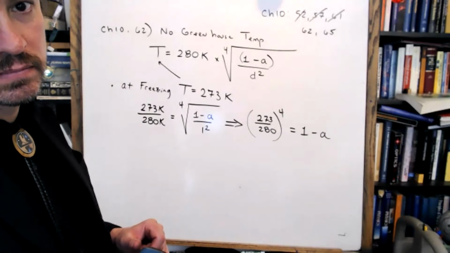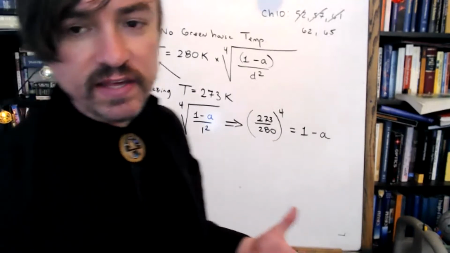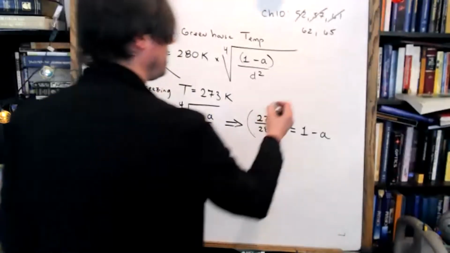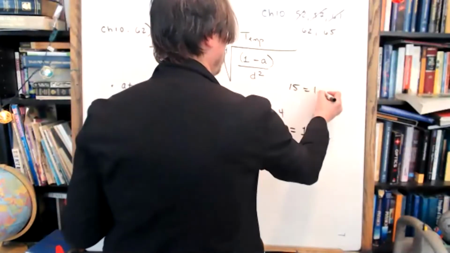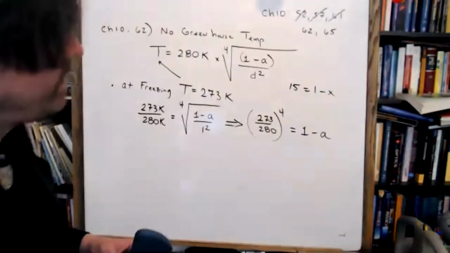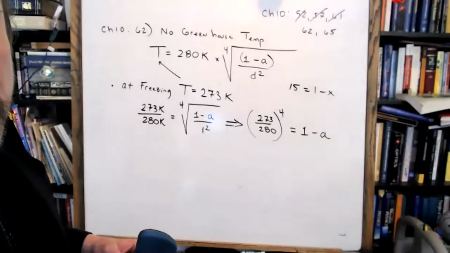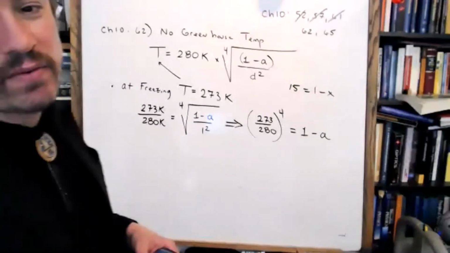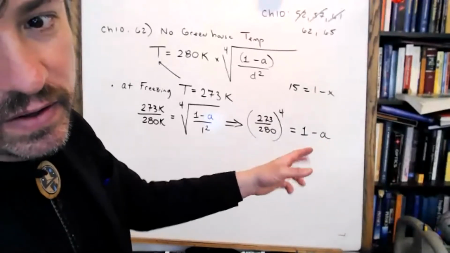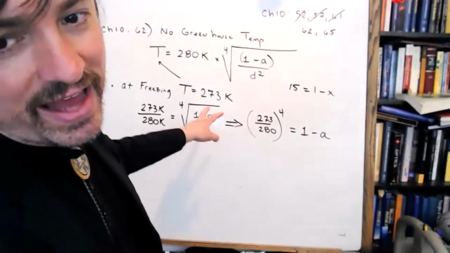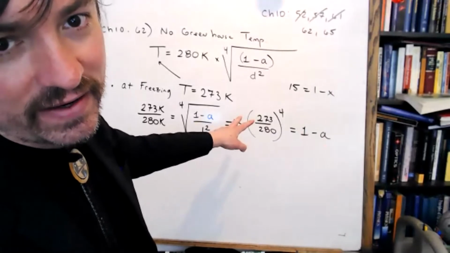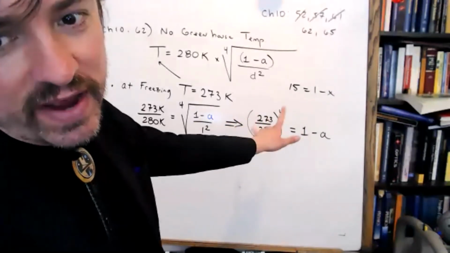Actually, no, I don't. Like the easiest algebra problem ever. 15 equals 1 minus X, you don't know how to solve for X? You would subtract 1, but that leaves you with negative A. I think of it as you add A to this side, and then you subtract this bad boy.